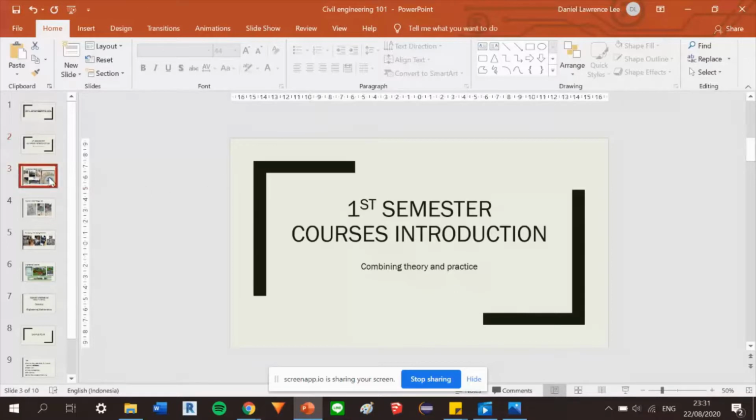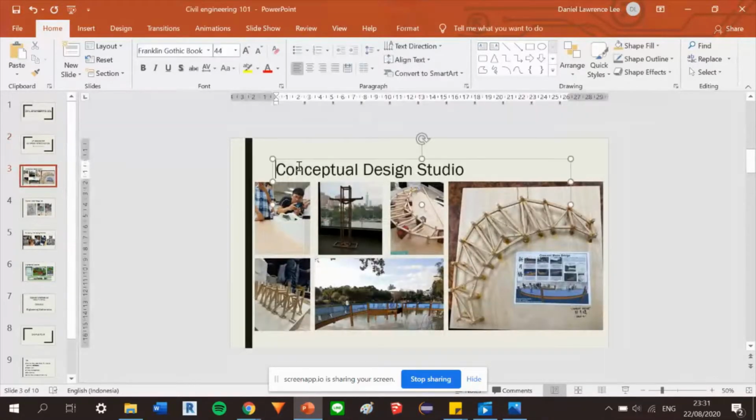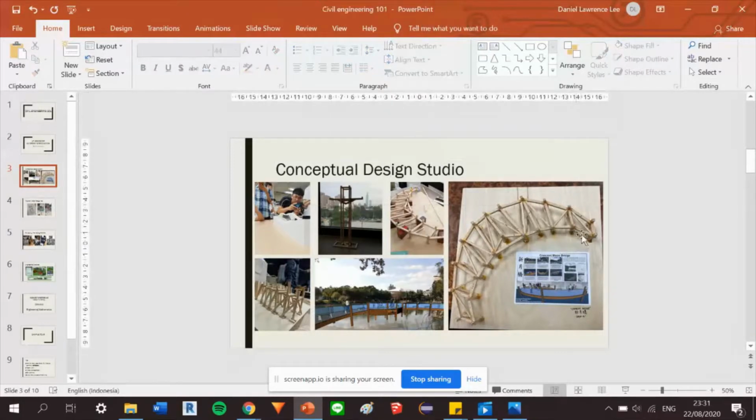So let's go. First of all, I will introduce you to Conceptual Design Studio. In this course, you will basically learn how to design some things. For example, last year, my class and I designed a bridge, and we had to imagine how it would look in real life.